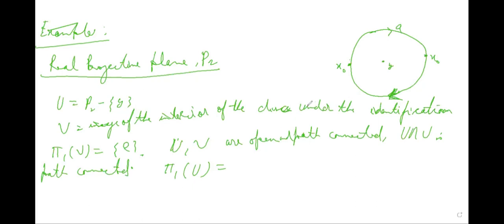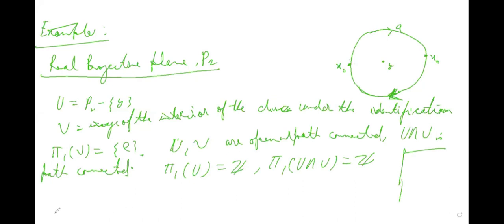U deformation retracts onto a circle, because first of all it deformation retracts onto this boundary circle, and when you identify this with this, you will get again a circle. So this is going to be Z, and again pi1 of U intersection V is Z.